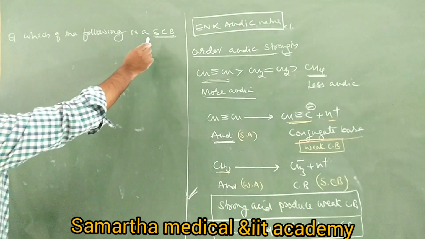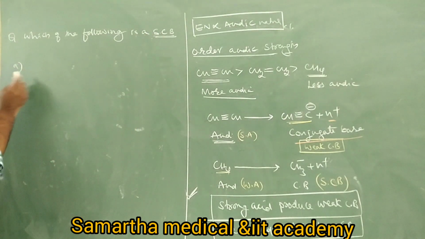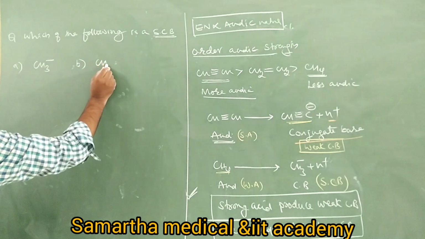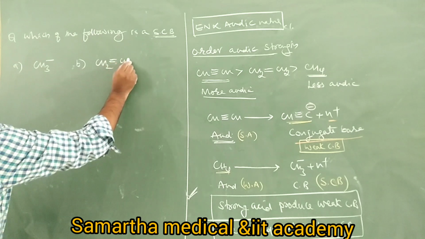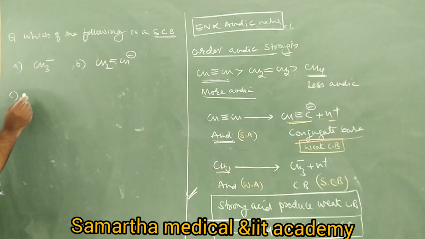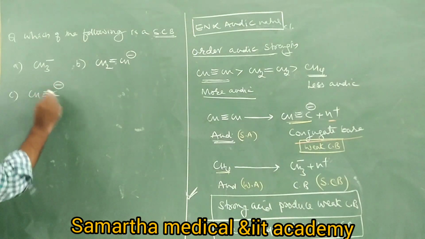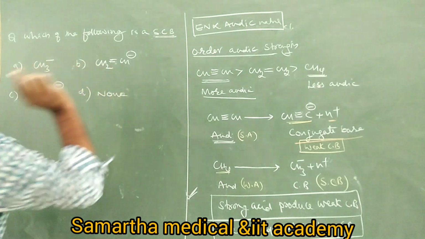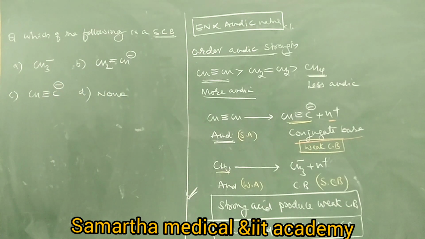Okay, I want here the strong conjugate base. A: CH3 minus, B: CH2 double bond CH minus, C: CH triple bond C minus, D: none. Right. So which is a strong conjugate base?